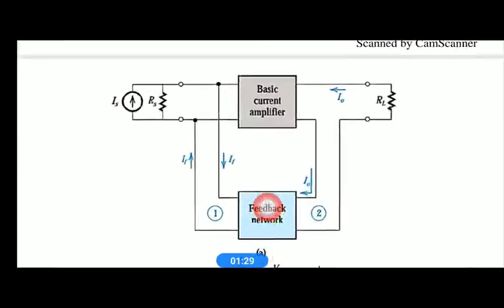The feedback network samples the I0 and produces the feedback current IF, which is taken in parallel with IS, in shunt with the input current source. Therefore the current flowing into the basic current amplifier, II, is the current coming in minus this current.